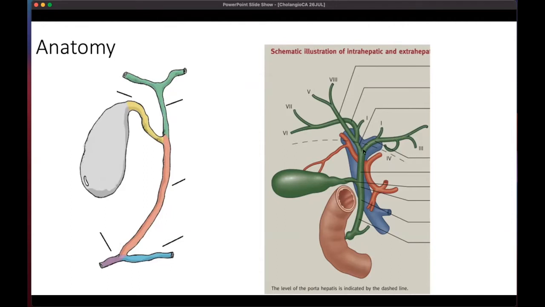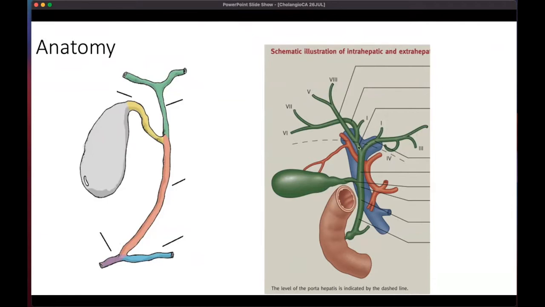So you have this long segment of what we call extrahepatic bile duct on the left, whereas typically the right goes into the liver right here, and then it starts giving off its branches. So you have a very short segment of what we call the proper right duct, whereas on the left, you have a much longer segment. And that's important when you start talking about reconstruction, because the left just has more room to resect.